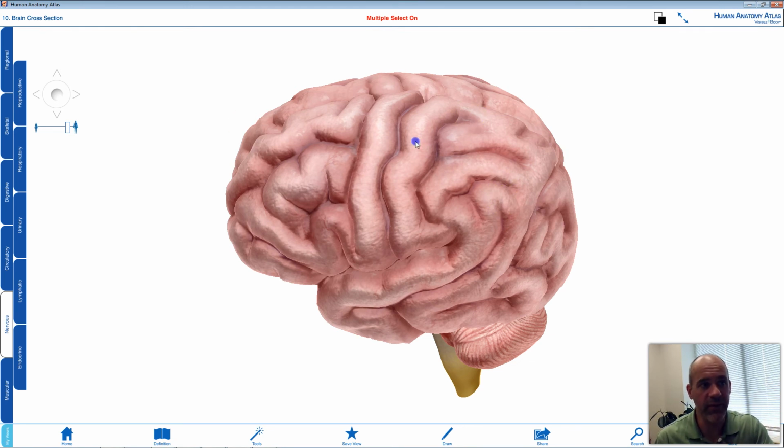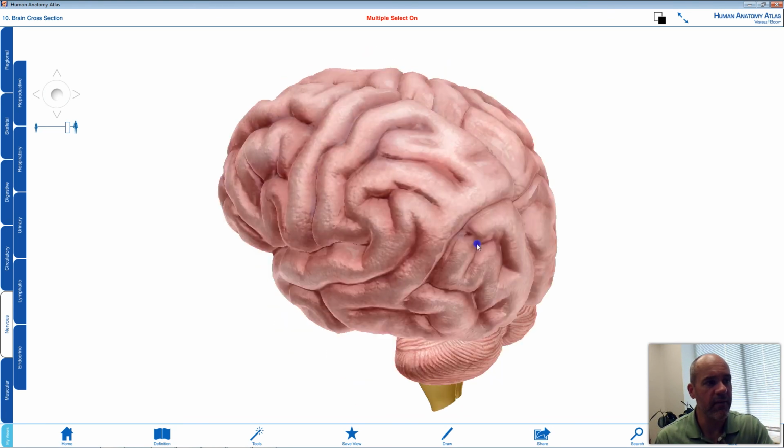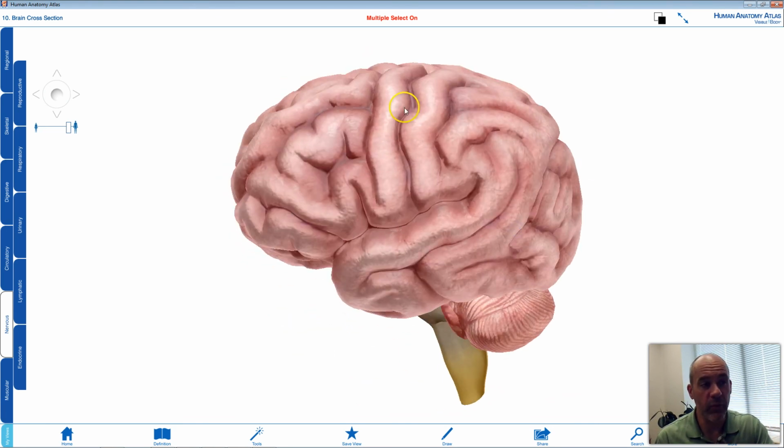All of those major functions are going on here in the cerebrum. You'll be learning about those over on the physiology side. So the wrinkling up here provides more surface area for cell bodies of neurons. If the cerebrum was smooth, you wouldn't have as much surface area, and you wouldn't be able to have as many neuron cell bodies in that location.